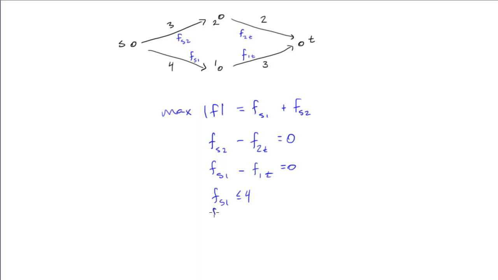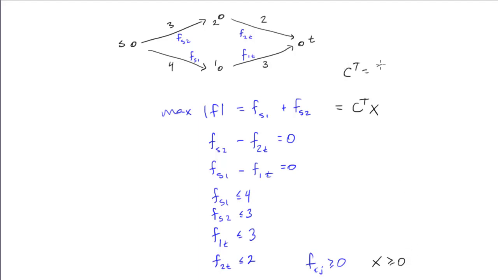All the flows have to be less than or equal to the capacities. And the flows are positive. I have both equalities and inequalities, so it's slightly different than what we've done before. It's a mixture of the two problems we've done before.